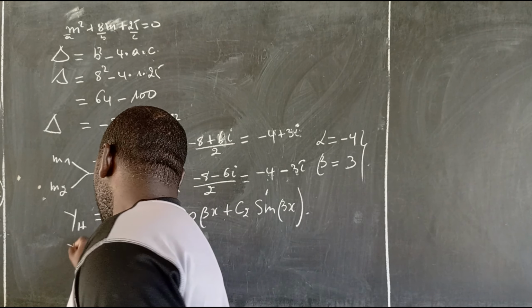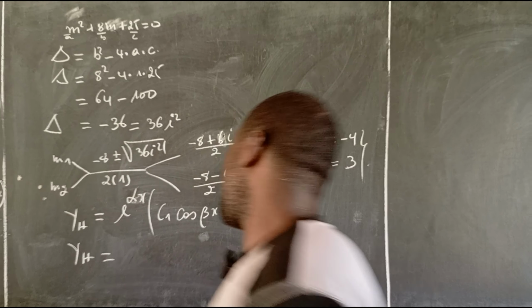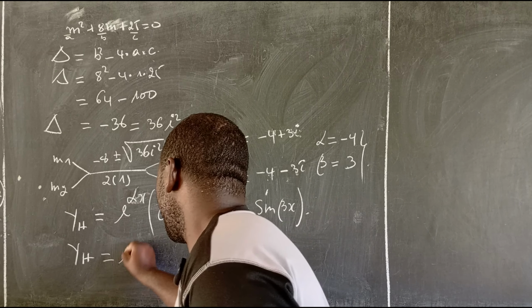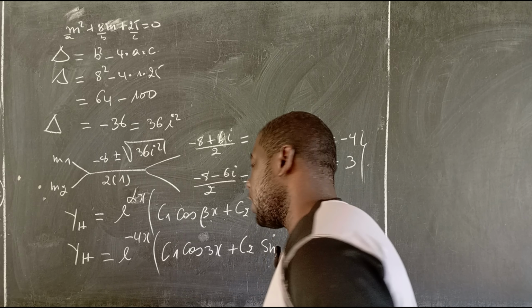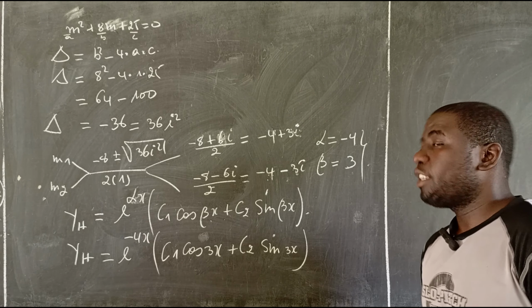Alpha is the real part and beta is the imaginary part. So the homogeneous solution will be e power negative 4x times (C1 cosine 3x plus C2 sine 3x).